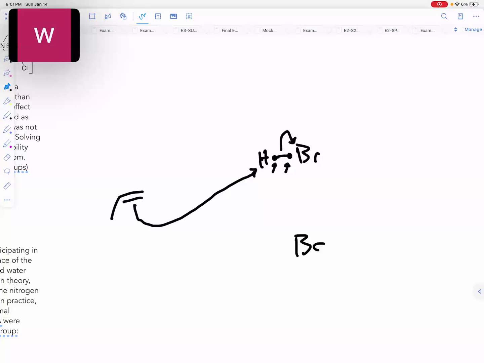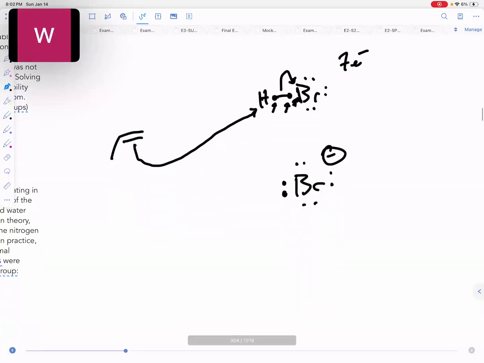Bromine originally has 7 electrons, and now it picked up one more, so it has an overall negative charge.